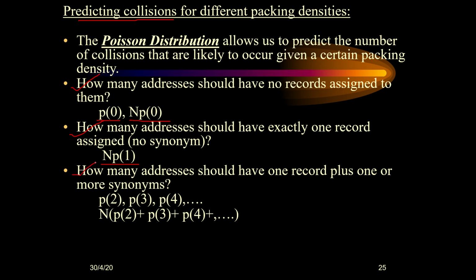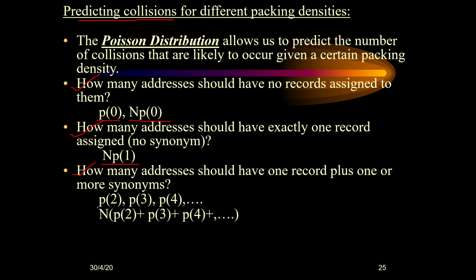Similarly, we go for the next question: how many addresses should have one record plus one or more synonyms? In the sense, in one address, one record has been stored, and in addition to that, how many synonyms or collisions come to that particular address?